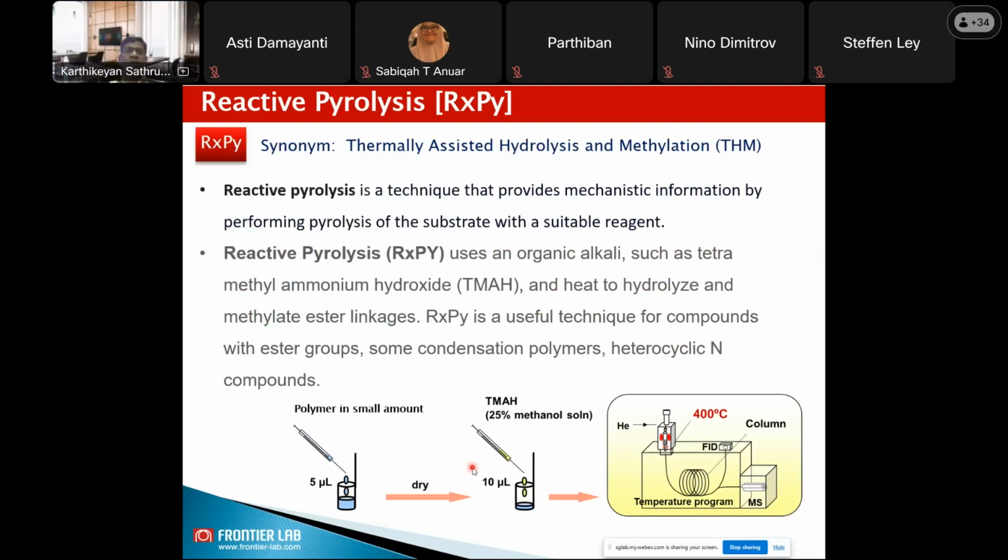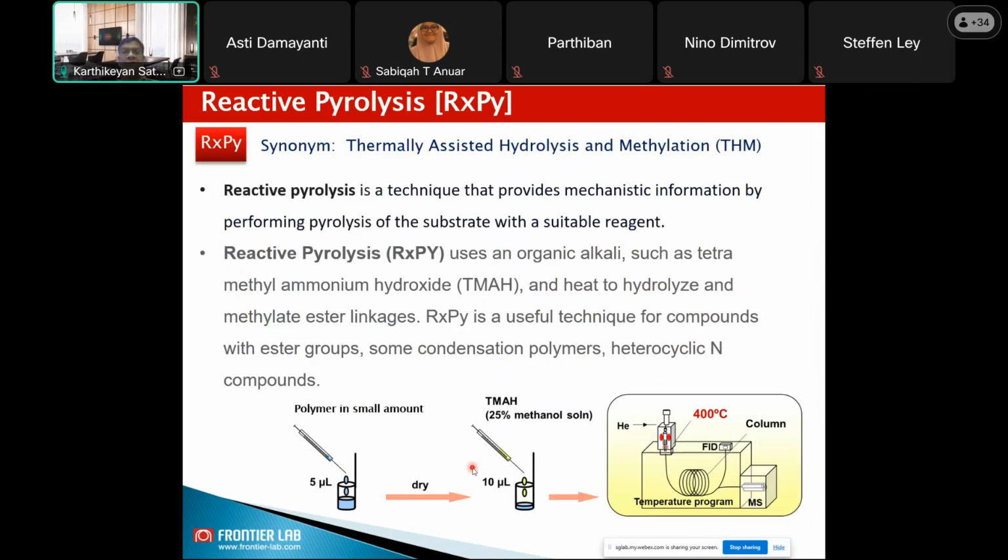Okay, today the focus is to talk more about reactive pyrolysis, which is also called thermally assisted hydrolysis and methylation. This is a technique where we collect the mechanistic information of the material by performing the pyrolysis of the substrate, meaning the sample, together with a suitable reagent.